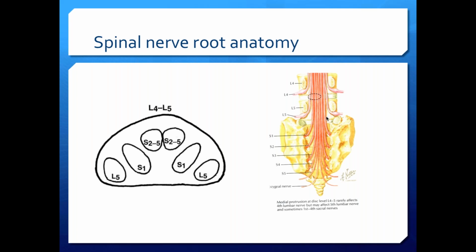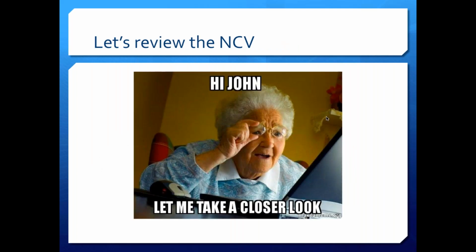This is why the EMG is a very good functional test, because it measures not the picture, but the function. So that explains that question. But we need to take a closer look at the NCV, because maybe that doesn't answer all of our questions.